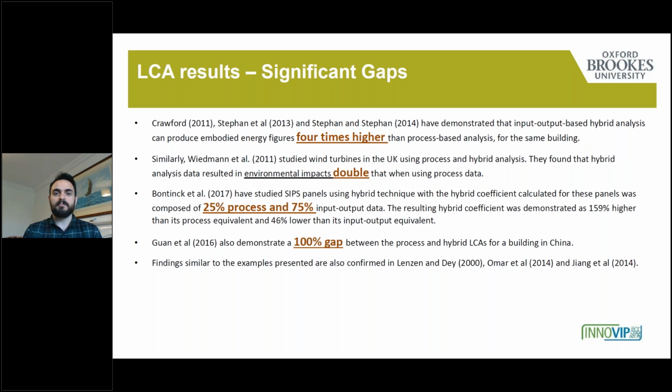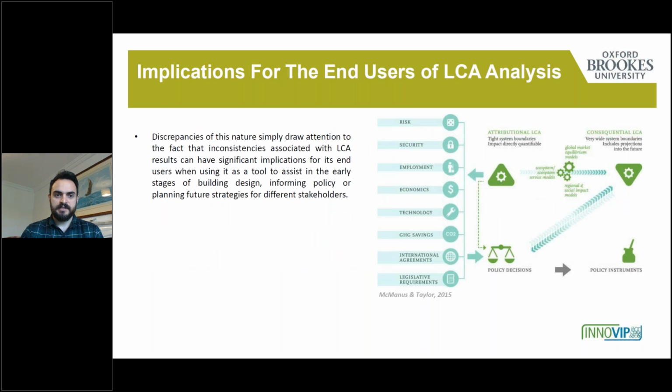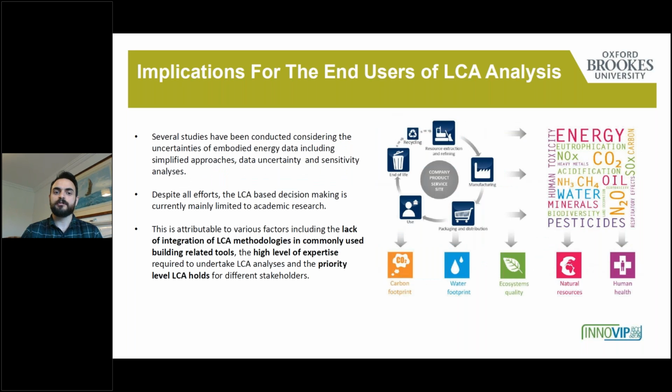So these are all the gaps in the data and results when we use these different techniques when it comes to LCA. So these discrepancies draw attention to the implications of these for the end users, and specifically in our conversation, the construction industry.